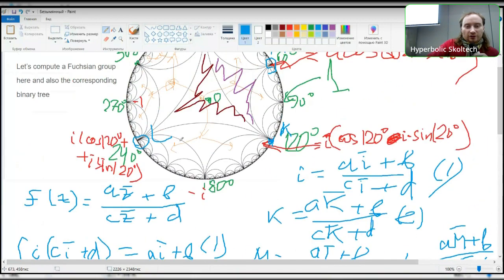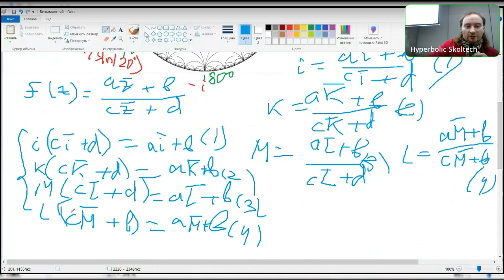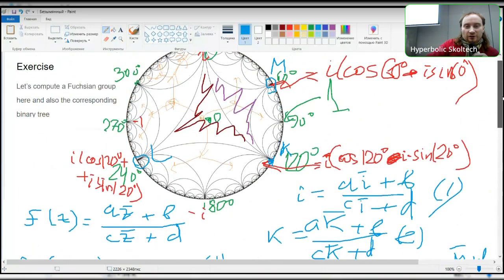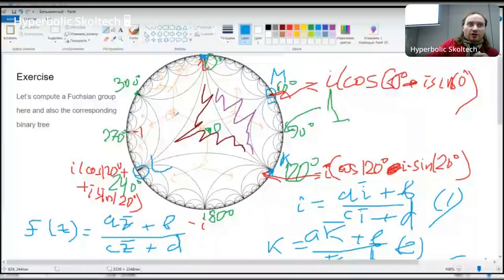Actually, we know the values of I, K, M, and L, and then this will give you one of the generators. Then the other one will be given by computing the other reflection. Actually, the other reflection can be computed as a rotation over an angle of 120 degrees of this reflection.